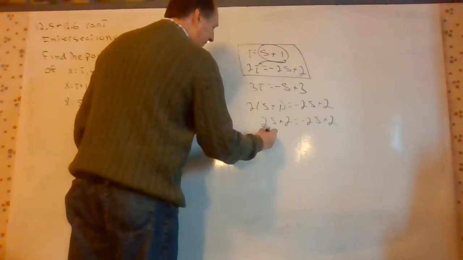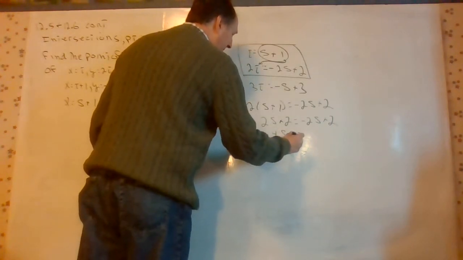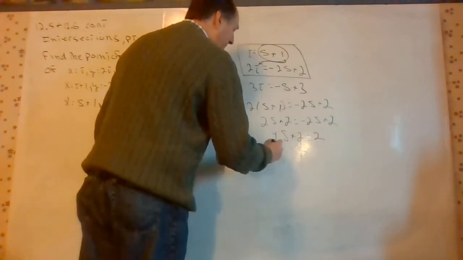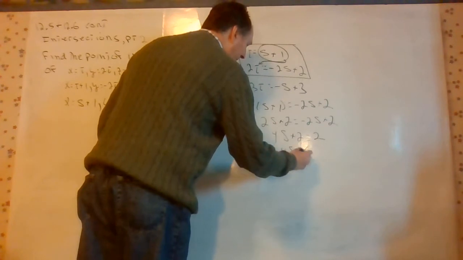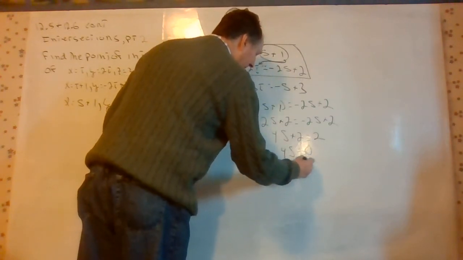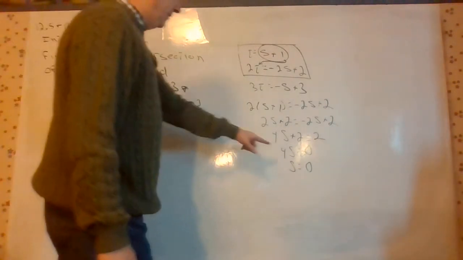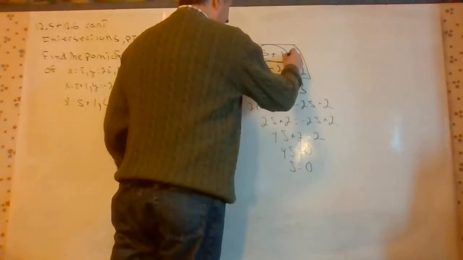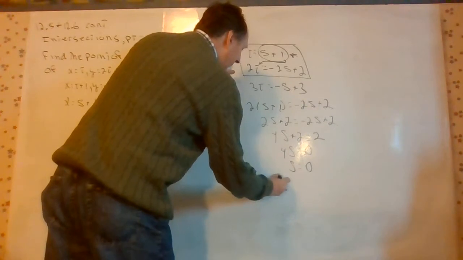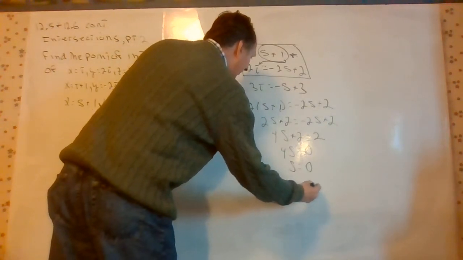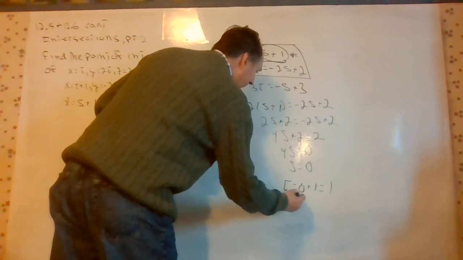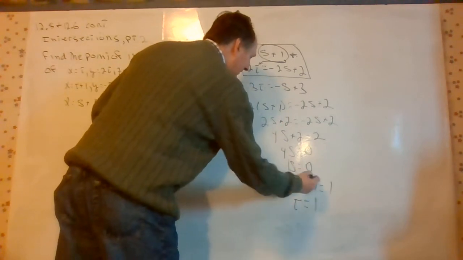Bring the s over here. 4s plus 2 equals 2. 4s equals 0. s equals 0. Okay, now that we have s, we can back substitute into here, for instance. t equals 0 plus 1, which is 1. And so we have t equals 1.